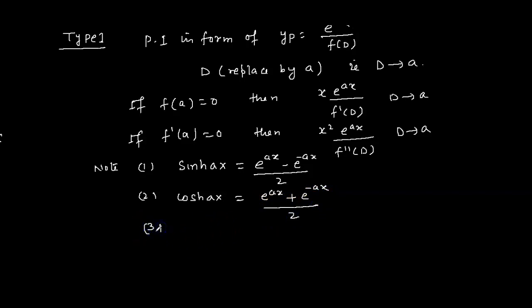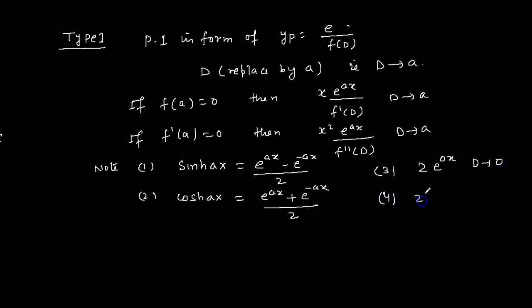If only a constant is given, like 2, that also you have to consider as type 1, because 2 you can write as 2 e to the power of 0x, so here D is replaced with 0.